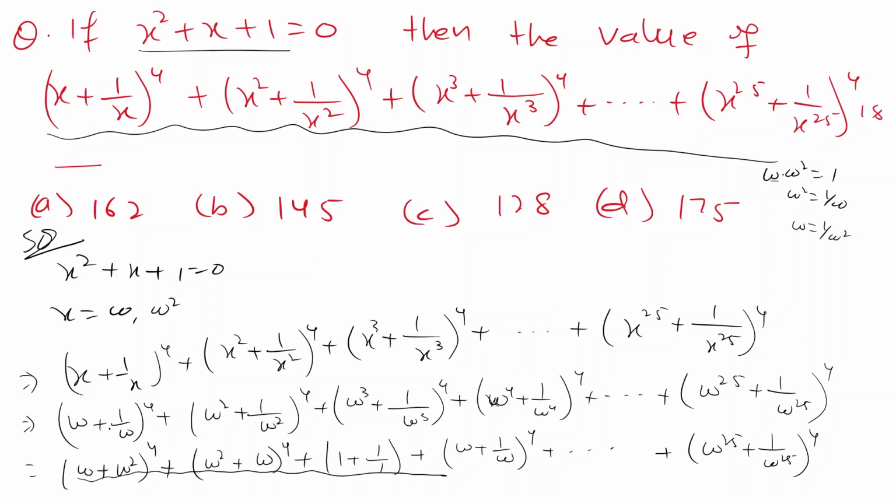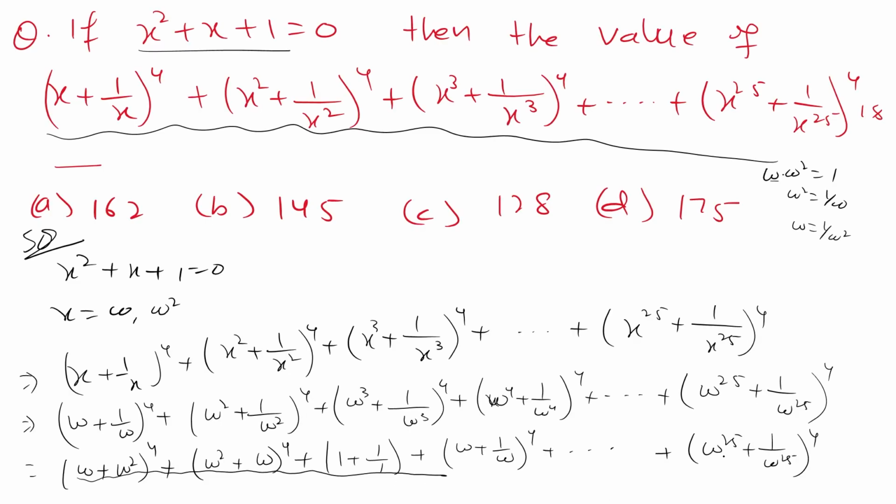So we can simply write 8 into omega plus omega square whole to the power 4, because 8 into 3 is 24. So this whole expression repeats 8 times, because here is 25.